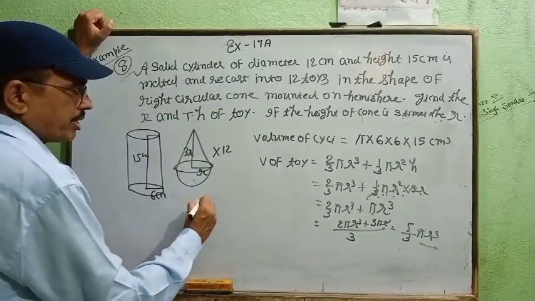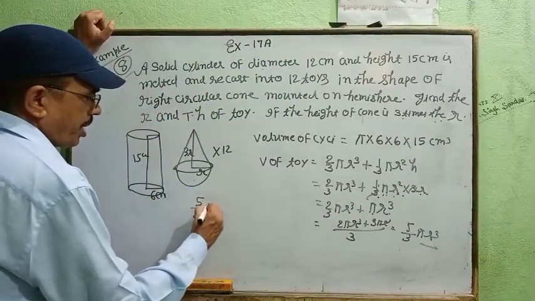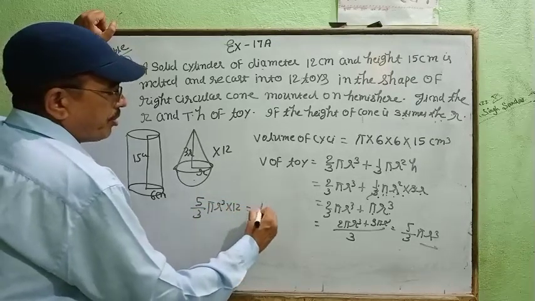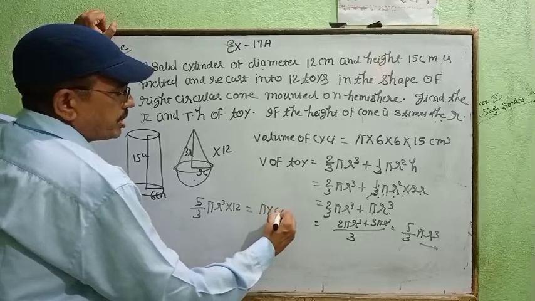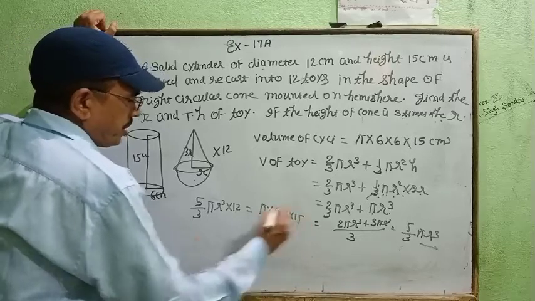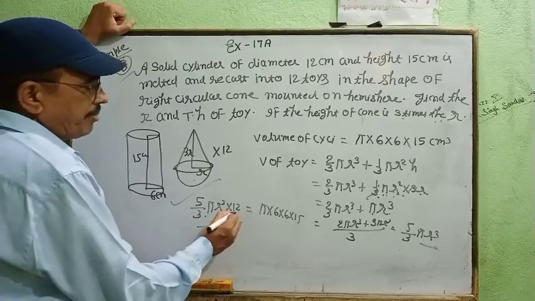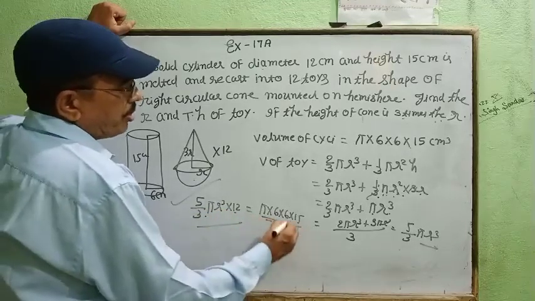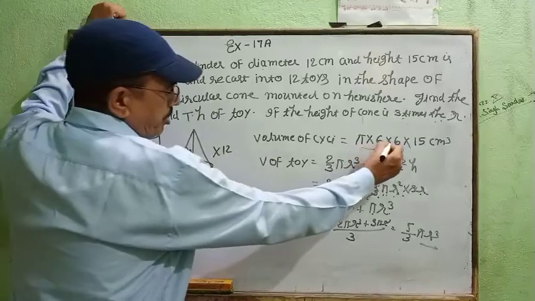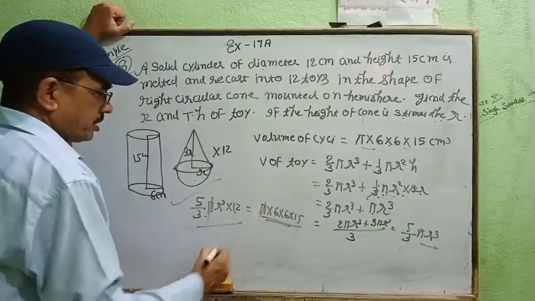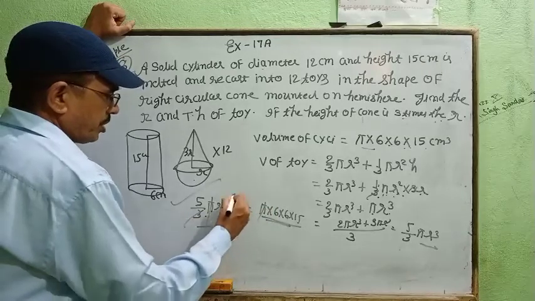So you can write 5 by 3 pi r cube into 12 is equal to pi into 6 into 6 into 15. It is the volume of one toy, multiplied by 12, and it is equal to the volume of the cylinder, pi into 6 into 6 into 15. Now pi cancels, and 3 fours are 12.